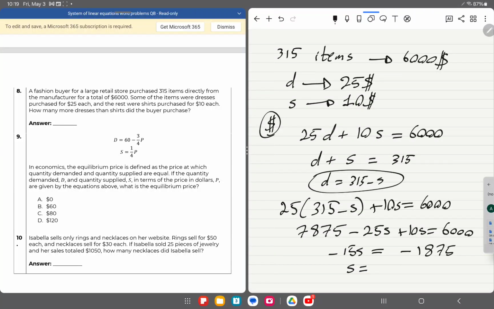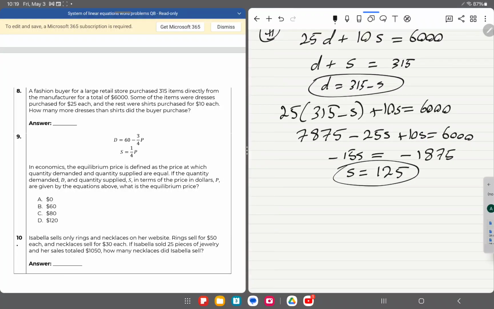S is going to be equal to 125. So S is equal to 125. D plus S is equal to 315. So D is equal to 315 minus 125, which is 200.